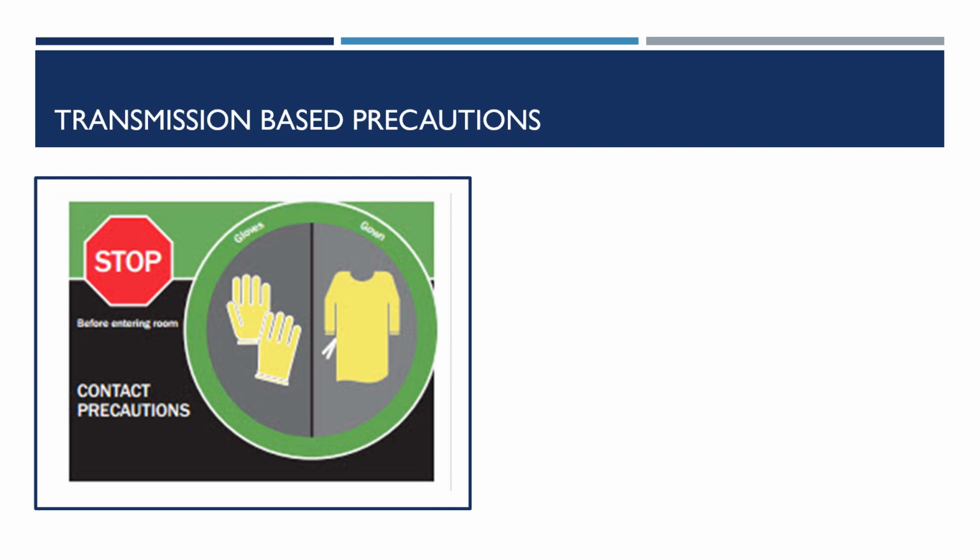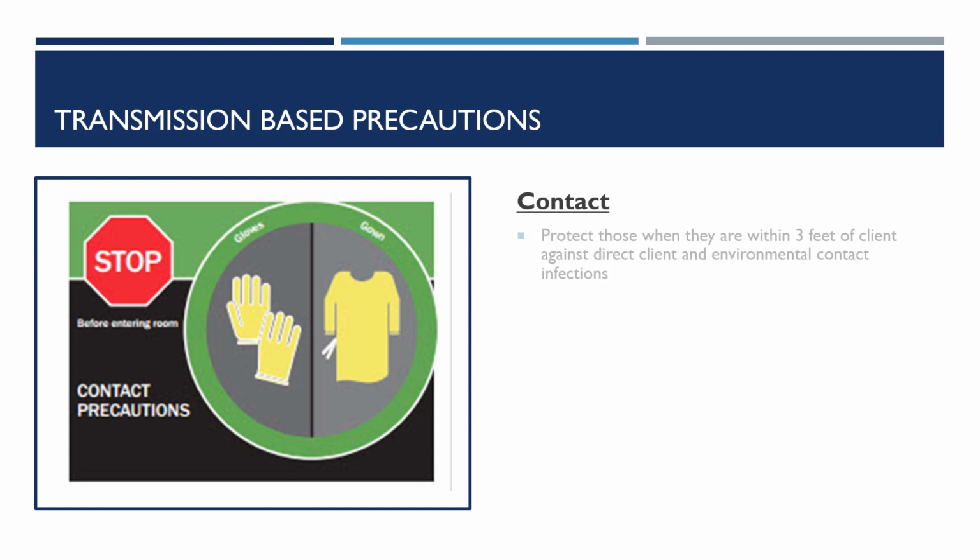So now we're going to get into the good stuff. Well, everything else was good, but we're going to go into the transmission-based precautions. The first one is contact precautions. This is a typical sign you will see outside of the patient's room: stop before entering, wear gloves and a gown.